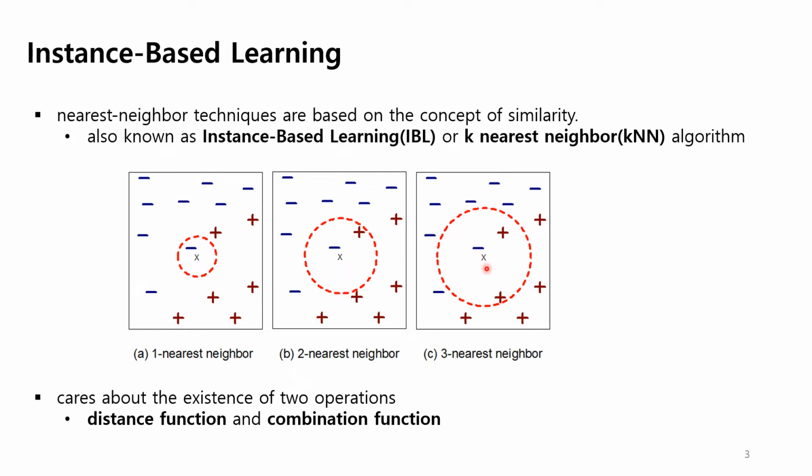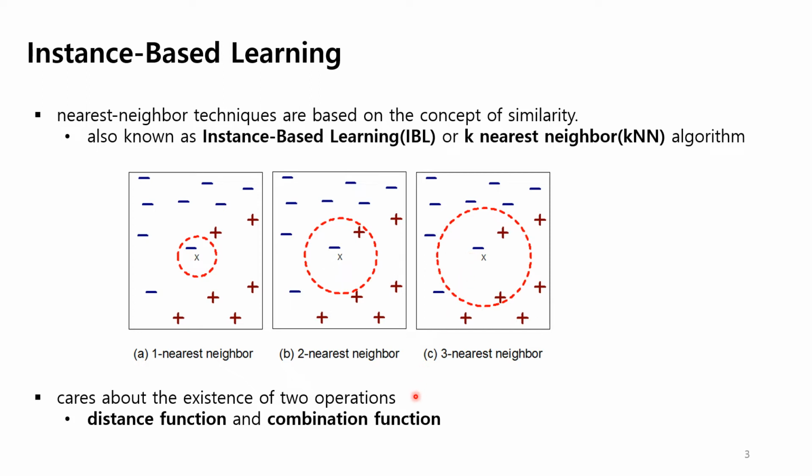But again, if you give different weight, different importance to each neighbor, then it's a little unclear, okay, because this one has the highest weight, importance value. So it is not clear whether it can be plus or minus. Anyway, we're going to talk about this issue later on in this chapter.